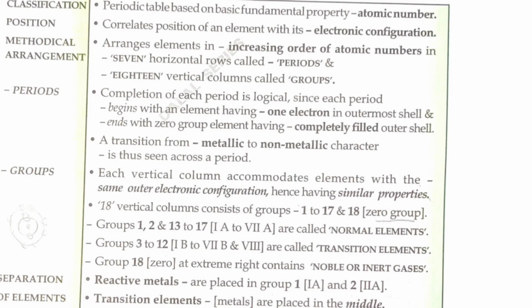7 horizontal rows are there in the modern periodic table and they are named as periods. 18 vertical columns are also there and they are named as groups. Then periods. Completion of each period is logical since each period begins with the element having one electron in the outermost shell and ends with the zero group element having a completely filled outer shell.